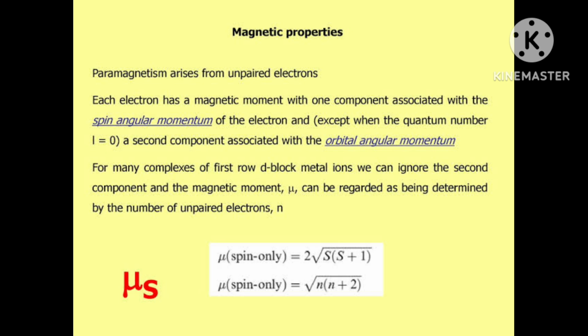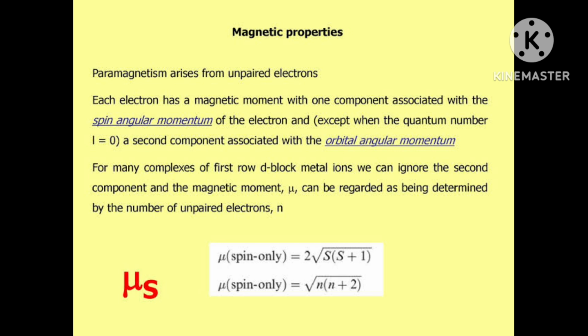When more than 3 d electrons are present, like 4 and 5, then what will happen? The required pair of 3d orbitals for octahedral hybridization is not directly available. Why? As a consequence of Hund's rule.